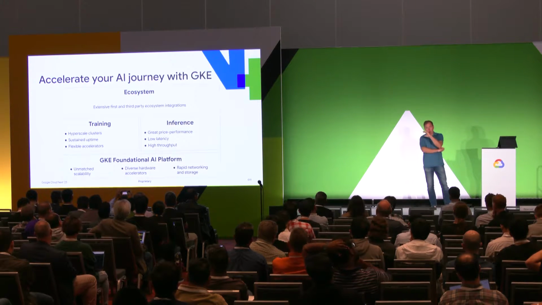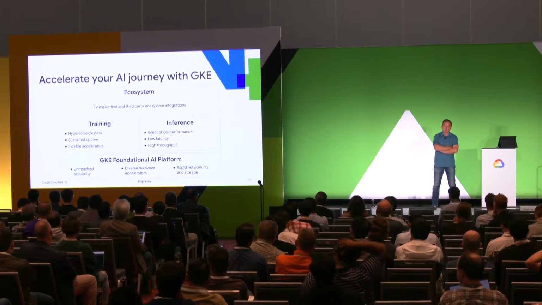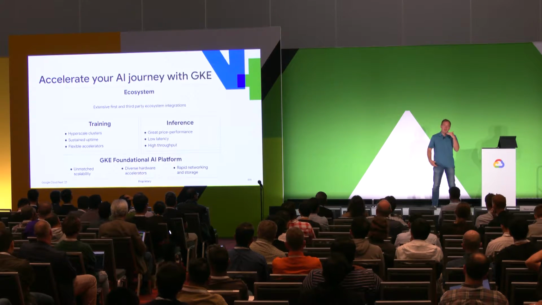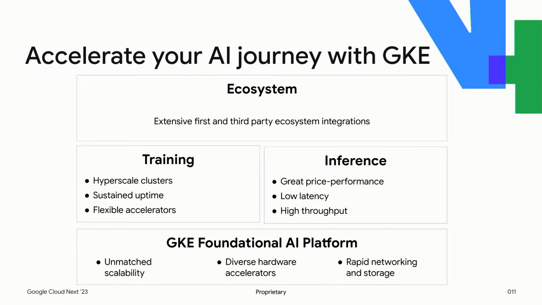The last point, going to the top of the diagram, is ecosystem. As I mentioned, AI/ML and Gen AI is a highly, highly dynamic space. And in that highly dynamic environment, the variety of tools that we'll all be using is gigantic.